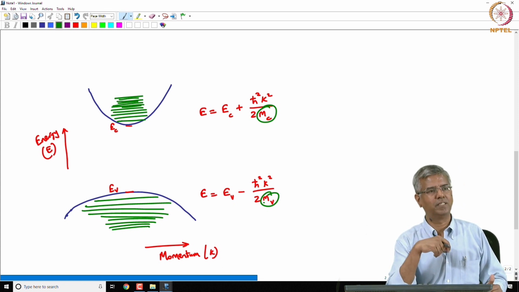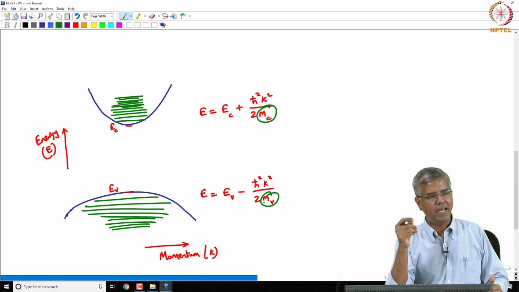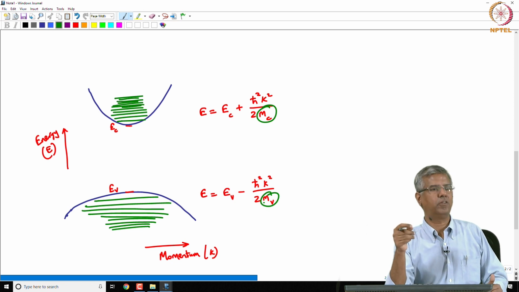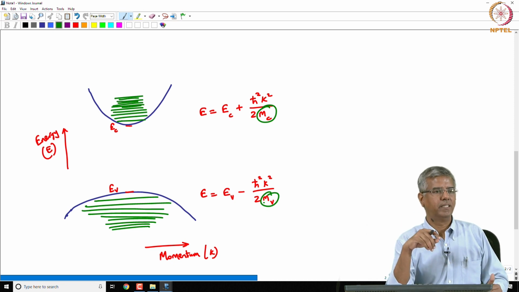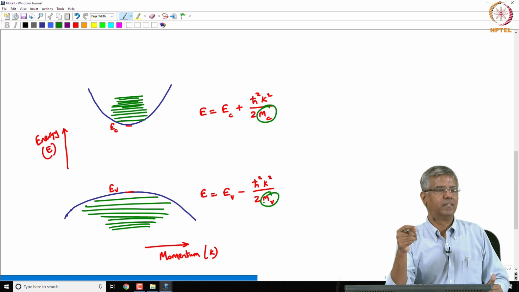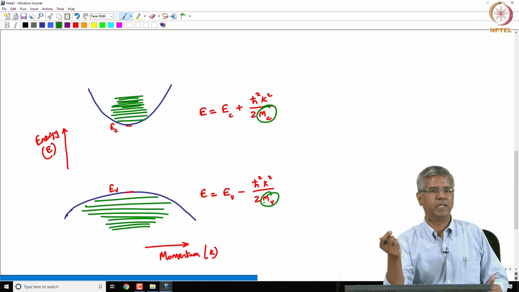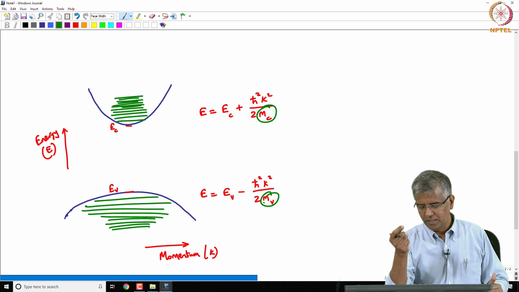The valence band is typically relatively flat with respect to the conduction band, and that is because of the concept that the effective mass of an electron in the valence band is larger compared to the effective mass of an electron in the conduction band.